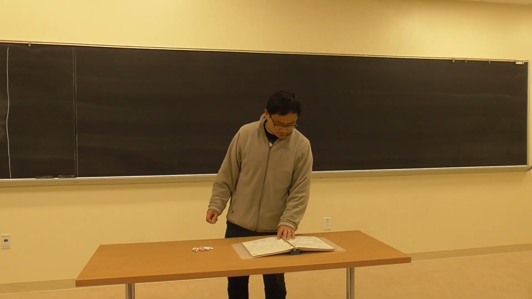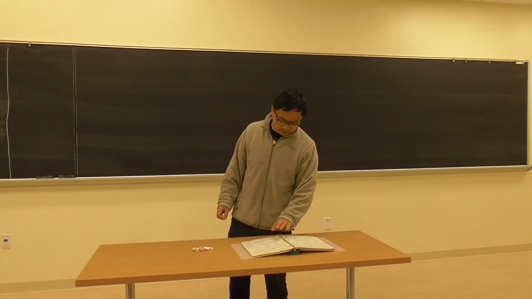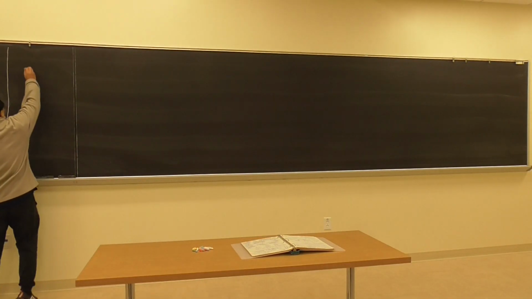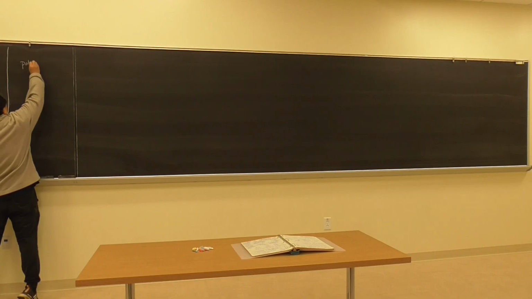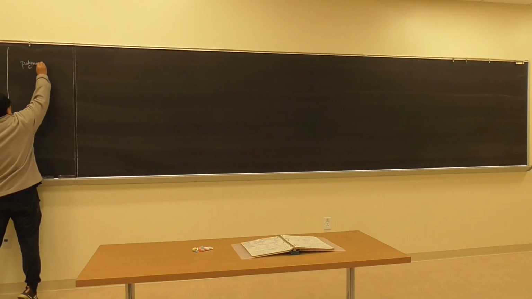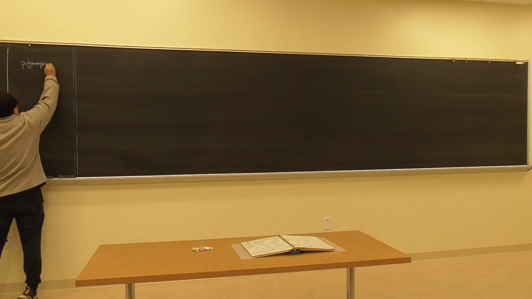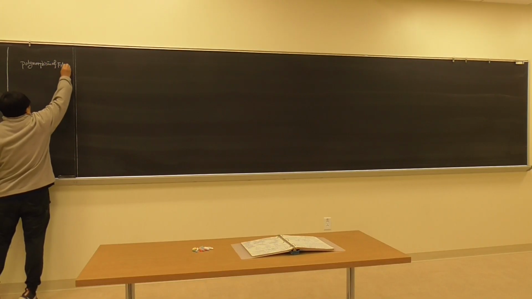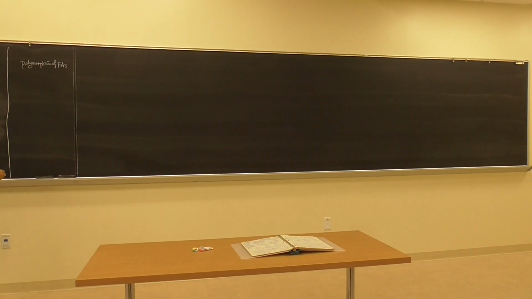Let's have a class. We have left a little bit of the fatty acids. So we want to talk about polymorphism of fatty acids. So this started with this polymorphism, which is polymorphology.